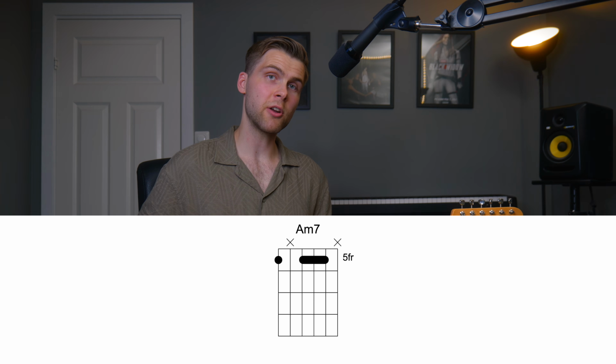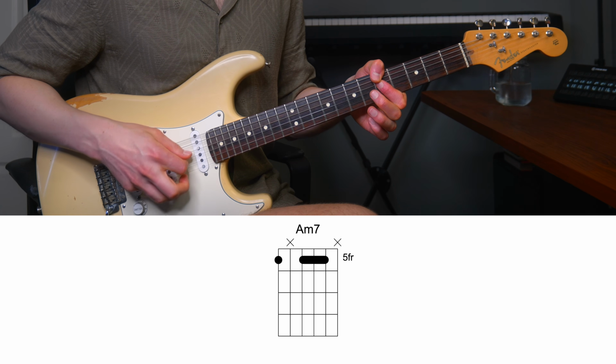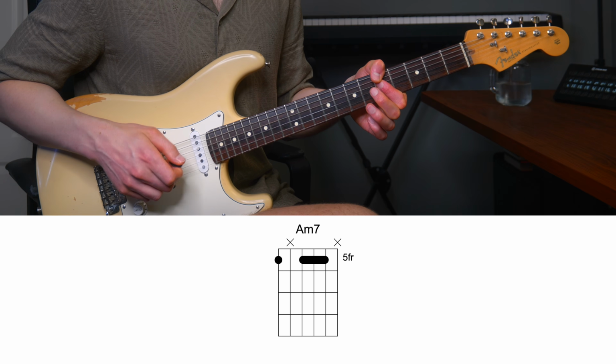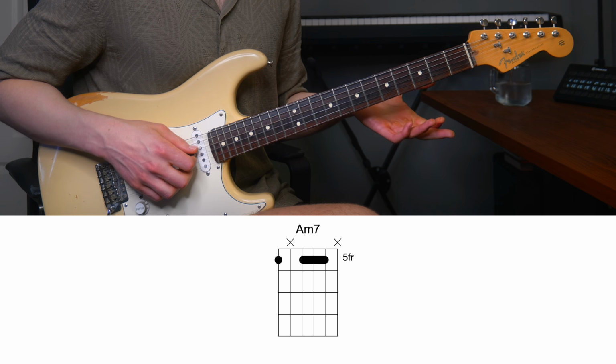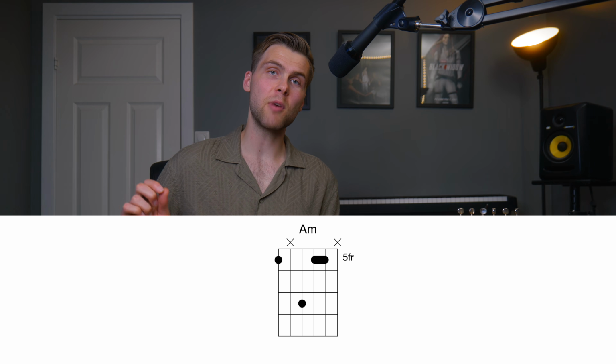You can also play A minor 7, which looks like this. Which is also a very useful chord, but in this video we're going to focus on a normal minor.